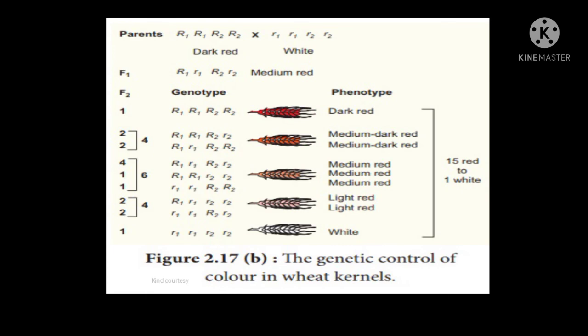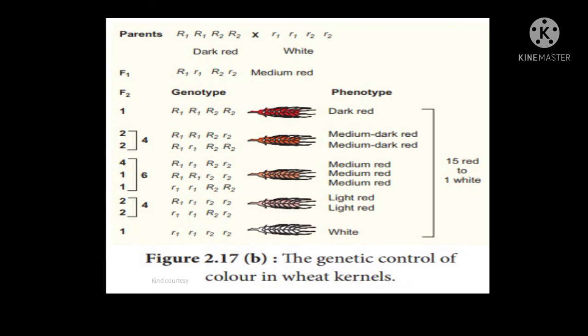Similarly, there are genotypes such as capital R1 small r1 capital R2 small r2, which also produce medium red. Similarly, 6 progeny are formed with the genotypes capital R1 small r1 capital R2 small r2, capital R1 capital R1 small r2 small r2, and small r1 small r1 capital R2 capital R2, and all these 6 produce medium red.